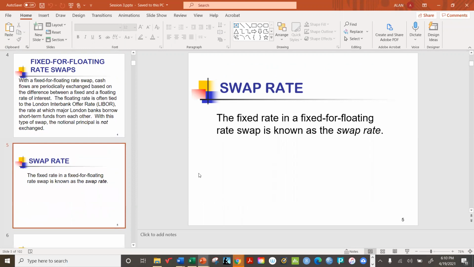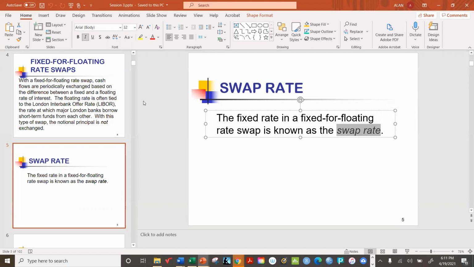So the fixed rate in a fixed for floating rate swap is known as the swap rate. That's just a point of terminology. When you read the words swap rate, they're talking about the fixed rate in the swap. I guess the floating rate is just called the floating rate.